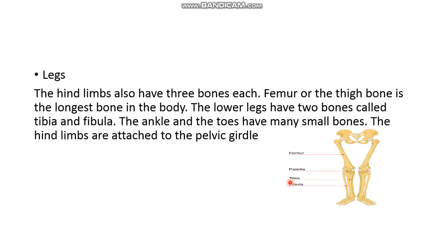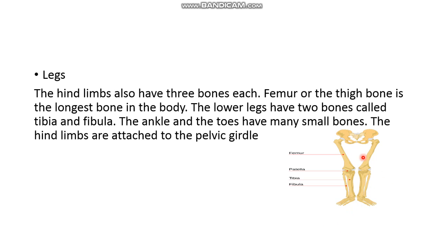See here, this is the femur, the longest bone in our body, and these are the fibula and tibia, the two lower leg bones. Here we have a single bone, but here we have two bones.